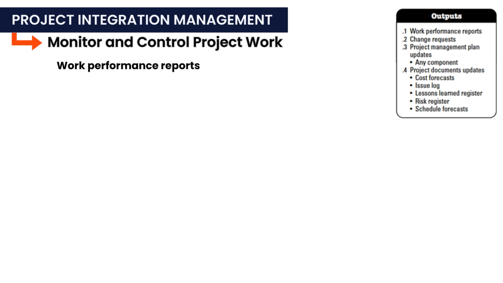This information is compiled, recorded, and distributed in either physical or electronic form to raise awareness and prompt decisions or actions. Work performance reports are essentially representations of work performance data that aim to inform stakeholders, stimulate decision making, and generate actions.